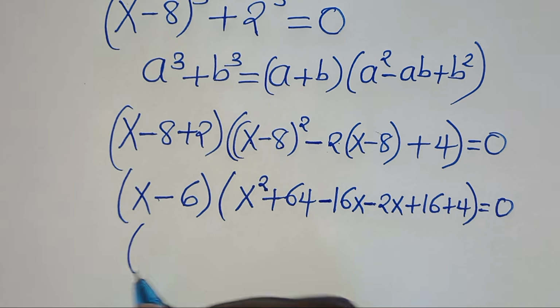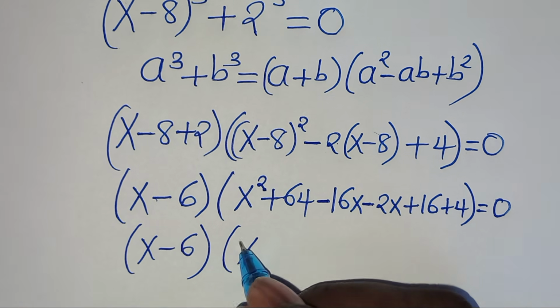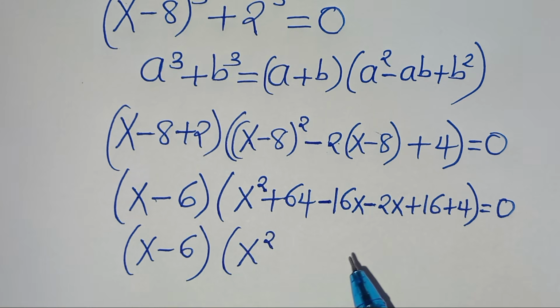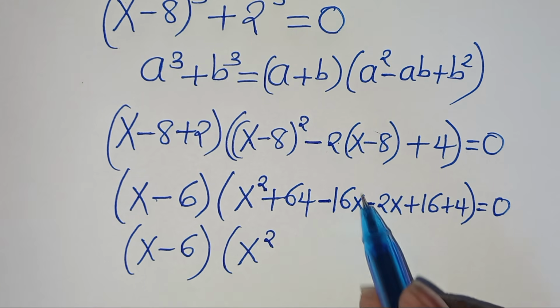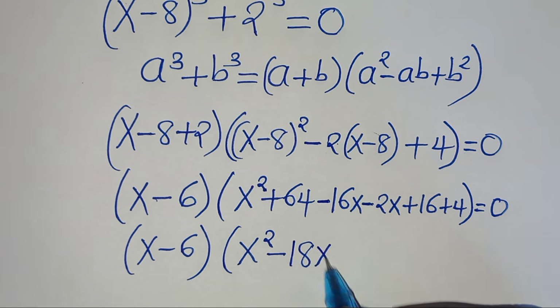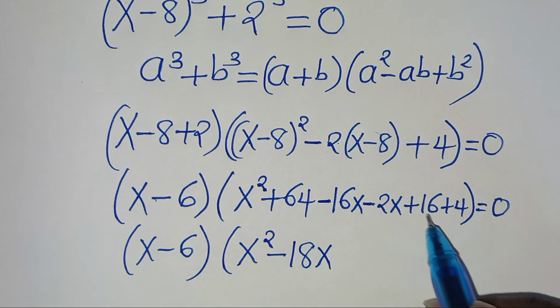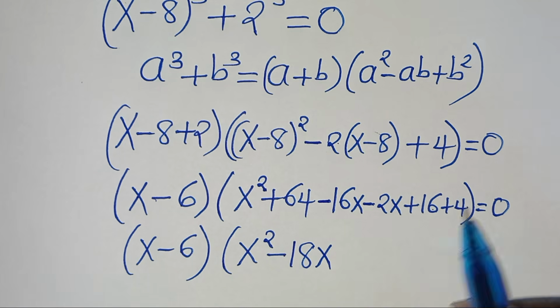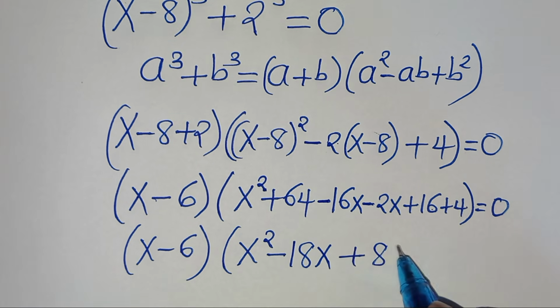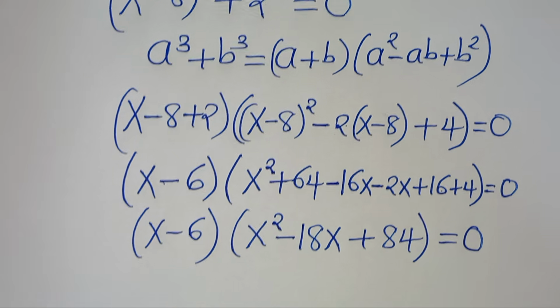So we have (x - 6), then we have (x^2. Now, this is -16x - 2x, this is -18x. Then we have 64 + 16, this is 80, plus 4, this is plus 84), equal to 0.